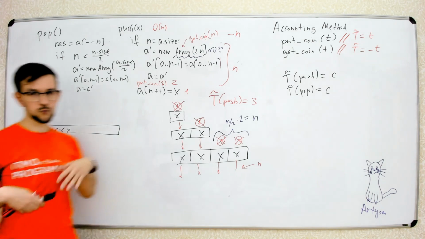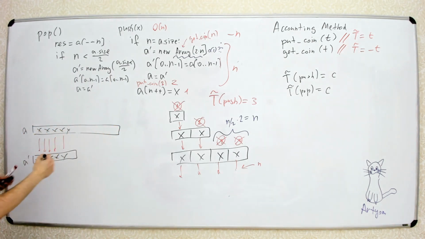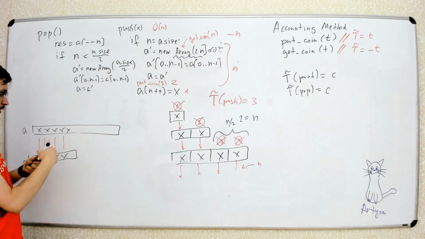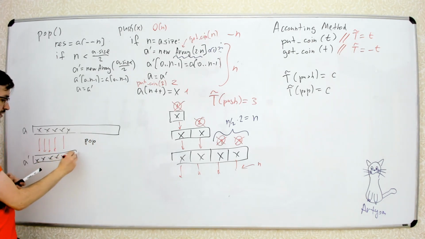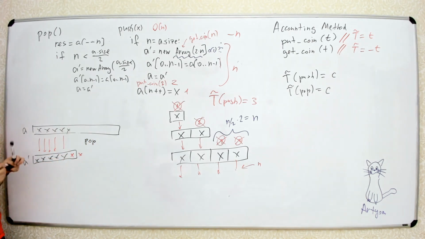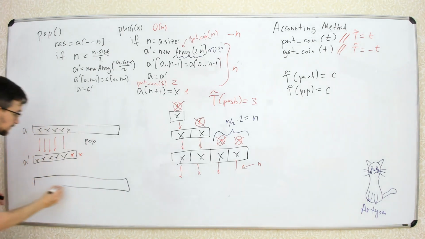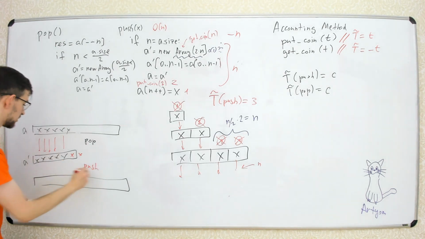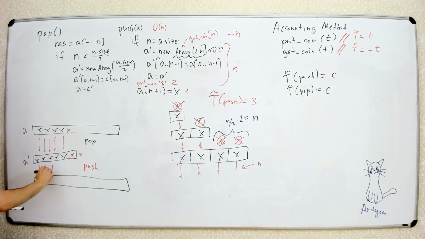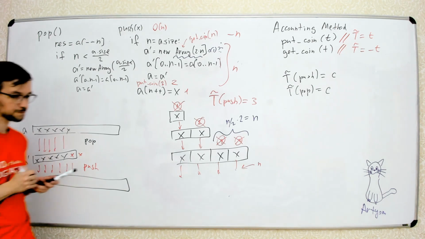Now you make a push operation, so you add these elements here, and you have not enough space here, so you need to increase the size of the array back. So you need to spend another n time to copy elements here.